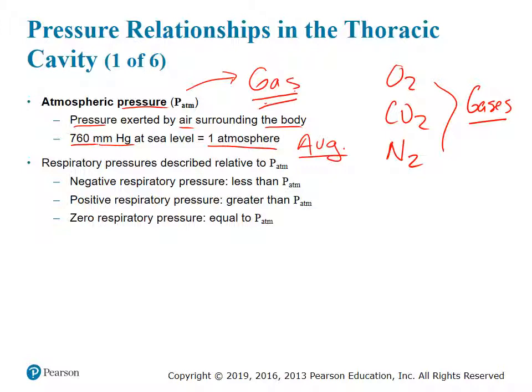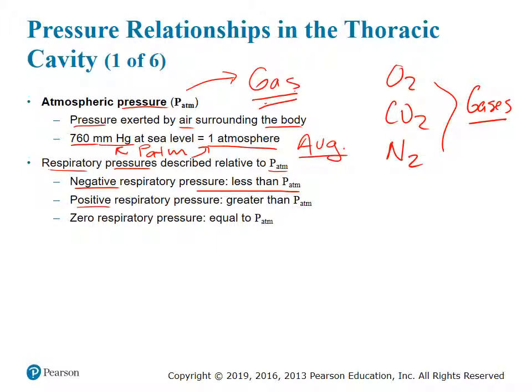When we talk about pressures as they relate to the respiratory system, we compare them to atmospheric pressure, 1 atmosphere, or ATM. Any pressure we're talking about is in relation to whether it is increased or decreased relative to atmospheric pressure. Negative pressure is less than atmospheric pressure.